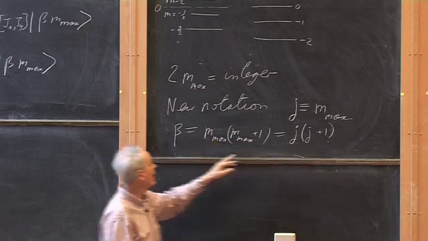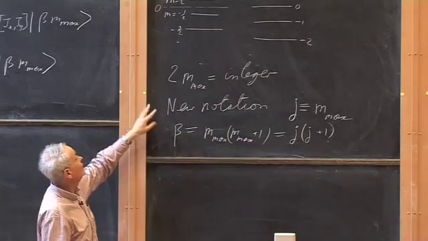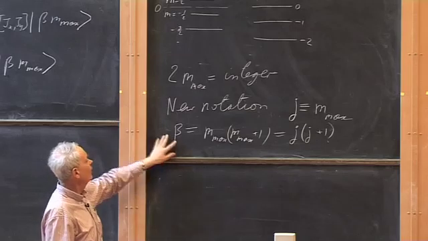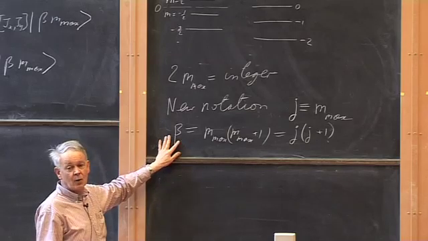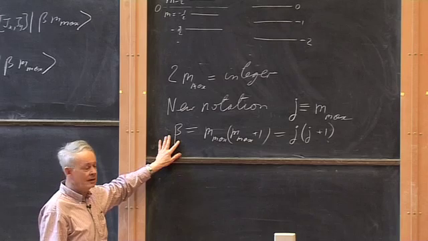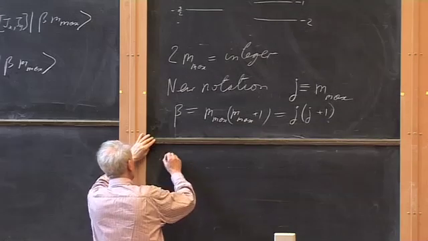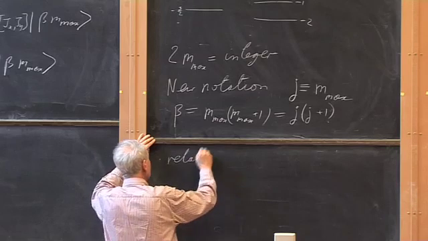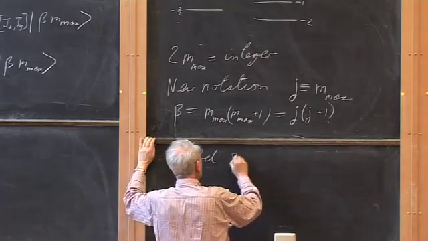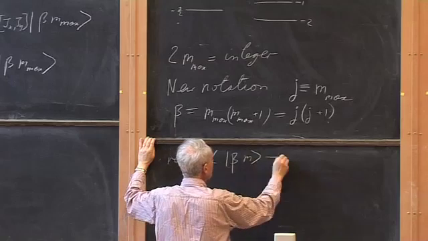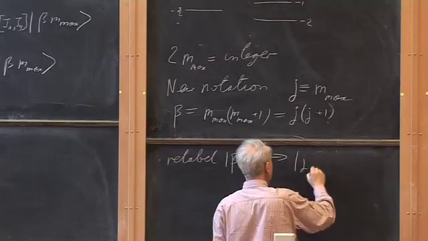But worse than that, when j is a half integer, the values of beta are really quite weird. So we don't use beta as a label. So we relabel beta m to jm.